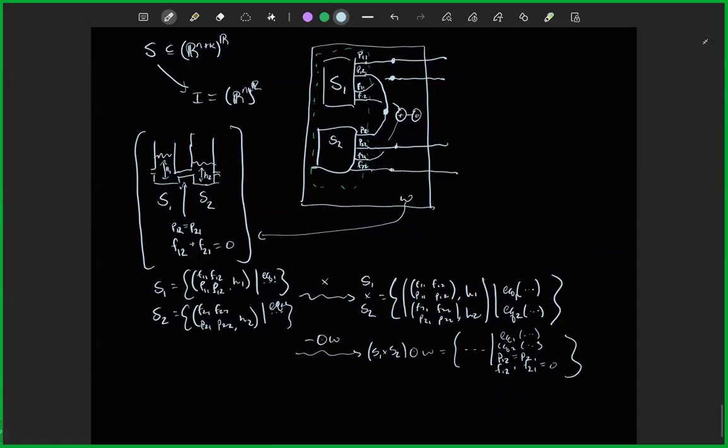That's all it means. I'm belaboring this a lot because we're going to do it abstractly now. But this is all it means. When you couple systems together, you just throw in some equations together.